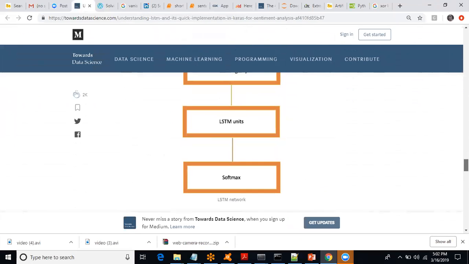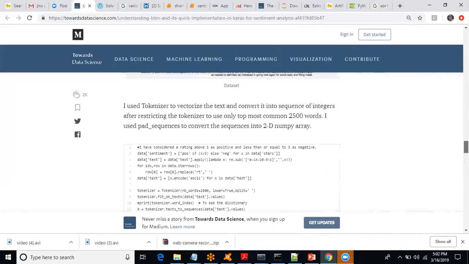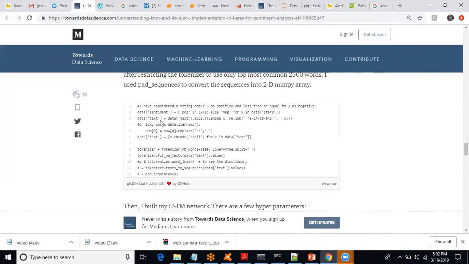So you first created a vector. Look at this one. It's an RNN again.